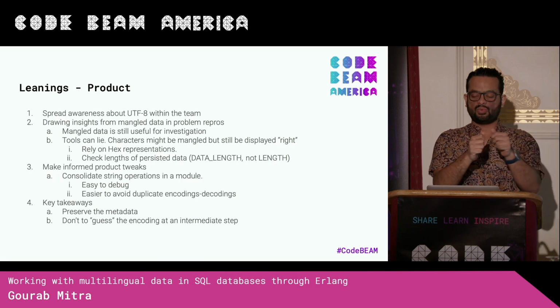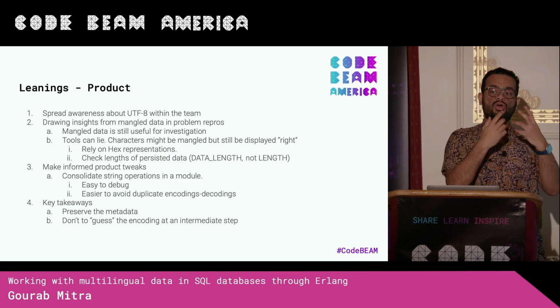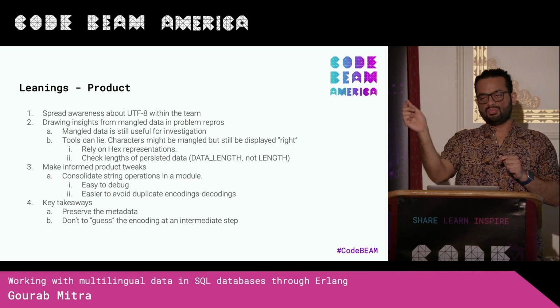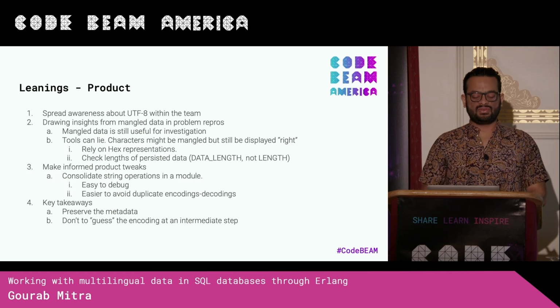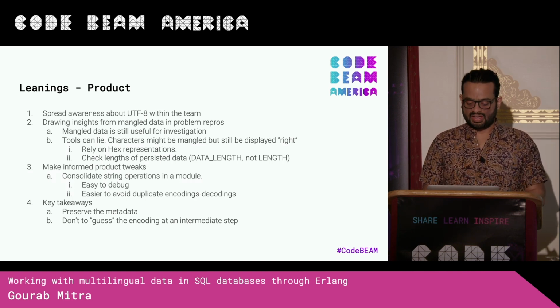Like the question here was, why is the B getting displayed and not the smiley face? So now I know what to look at. I can look at that feature and try to map it with the third line of the UTF-8 standard encoding scheme and figure out what's happening.